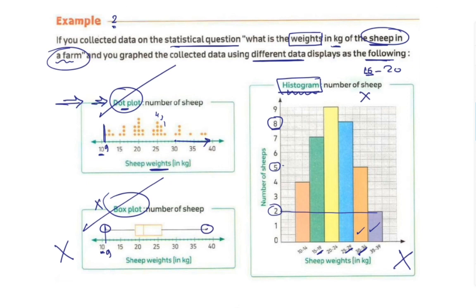Look here. Number of all sheep. Can I answer this question from box plot? No. But from dot plot, I can count the points and find the number of sheep. I can add every column number: 4 plus 7 plus 9, plus 8, plus 5, plus 2, to find the total number of sheep.